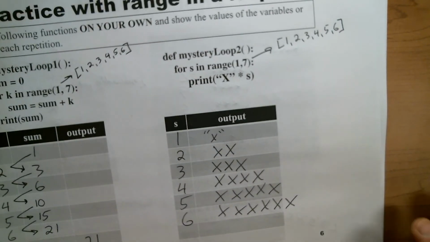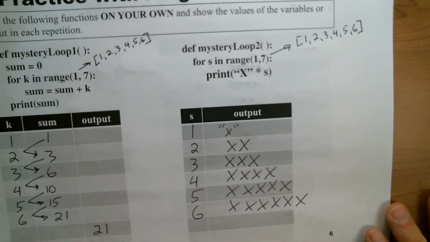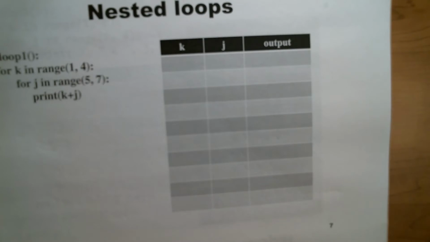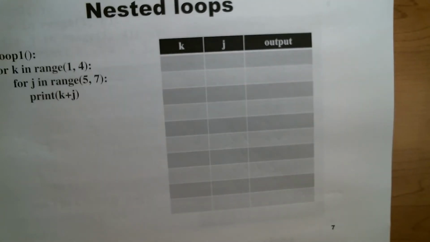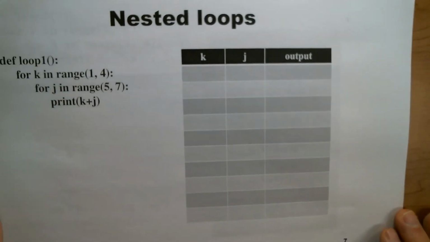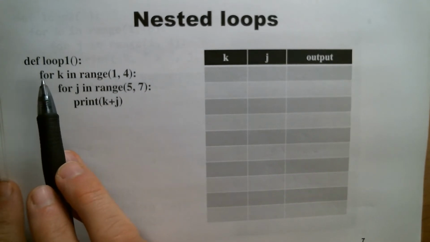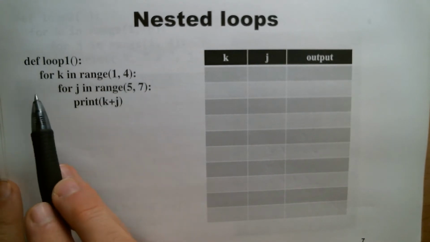All right, so now that we've done a bunch with single loops and this range, let's take a look at the nested loop, right? And we'll see what happens when you put a loop inside of another loop. So you'll see here, we've got our function. Here's our first loop.